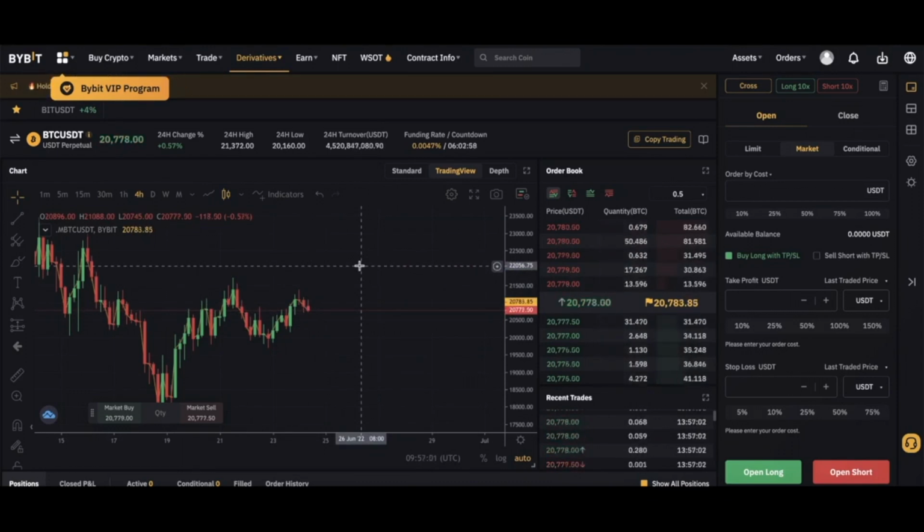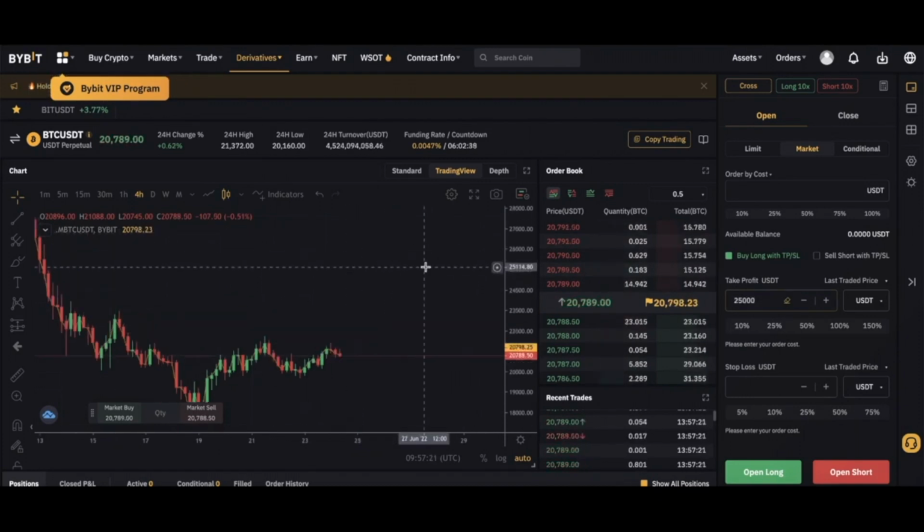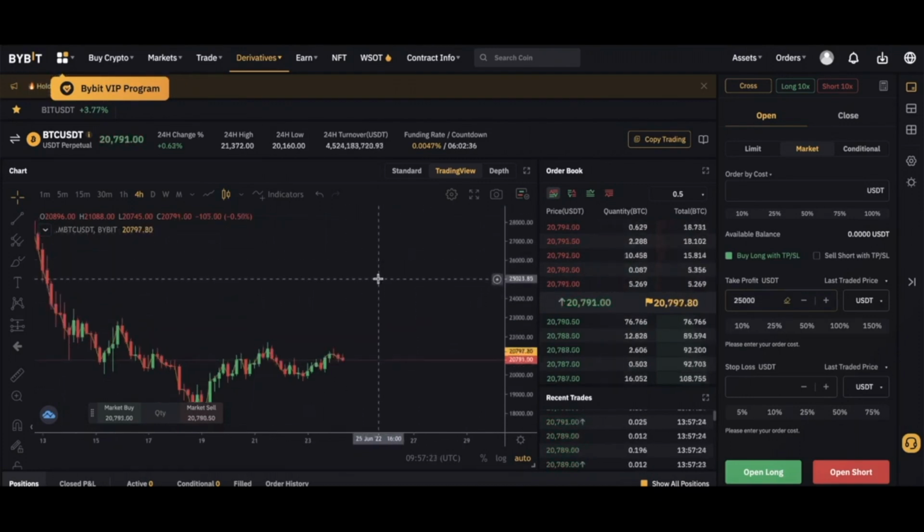So if you're going outside and you want to save your money if the price target is reached, then you can put here maybe 25,000 US dollars. So that will be, zoom a little bit out, it would be here. If the price comes there, then we get our profits.